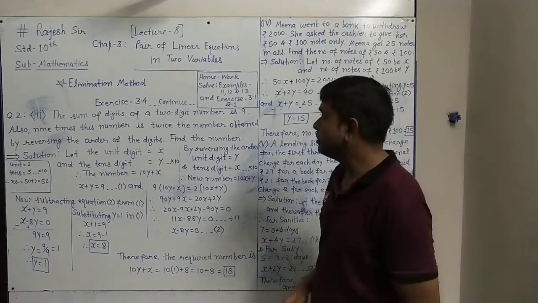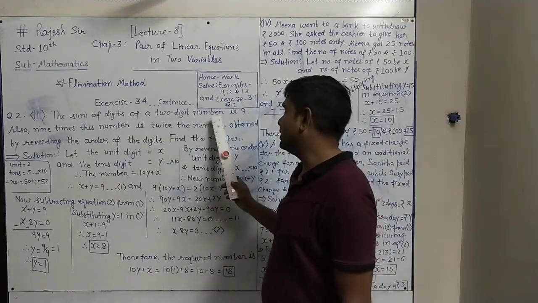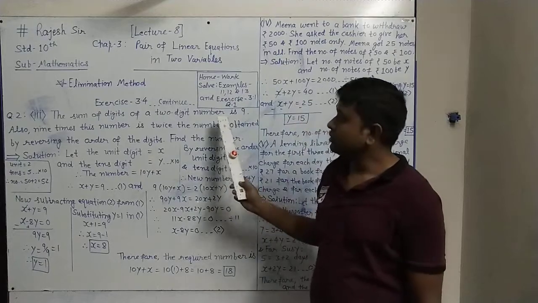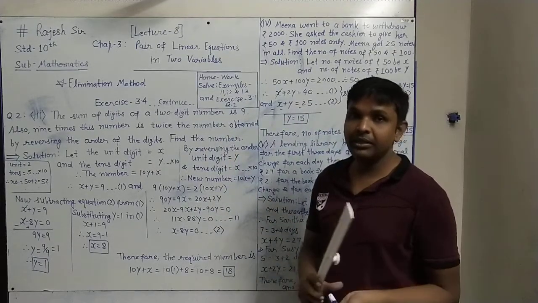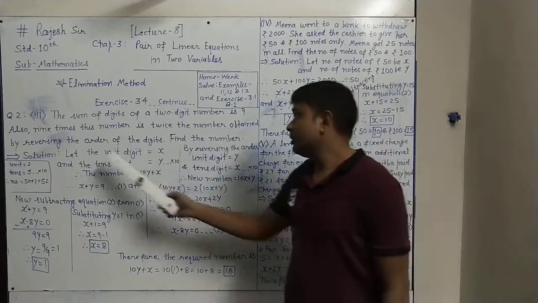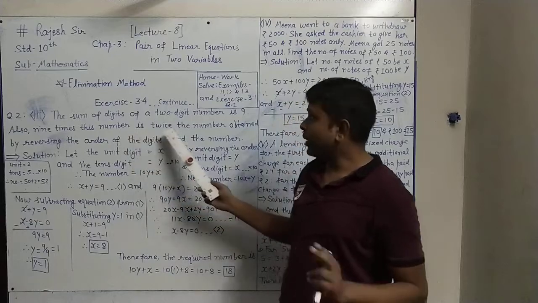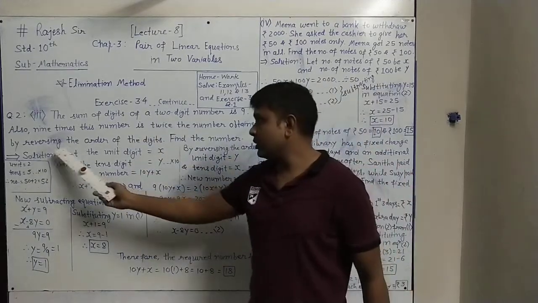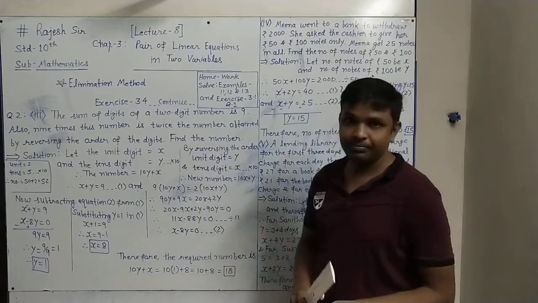So in this, the third question is: the sum of the digits of a 2-digit number is 9. Also, 9 times this number is twice the number obtained by reversing the order of the digits. Find the number.